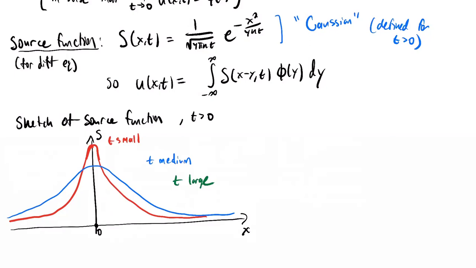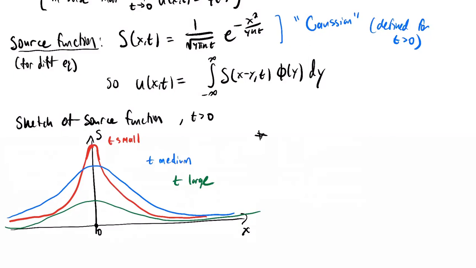So you're going to get a very light bump or something like that. The point is that as t gets smaller and smaller, the source function peaks at the origin, but as t increases, things smooth out and flatten out and become a lot less singular.